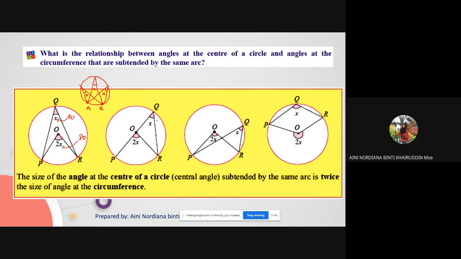Cuma dia lukis lain sikit. Sebenarnya ada banyak. This one also. Like this. Right. This is angle at circumference. This is angle at center. So if here 30, here 60.